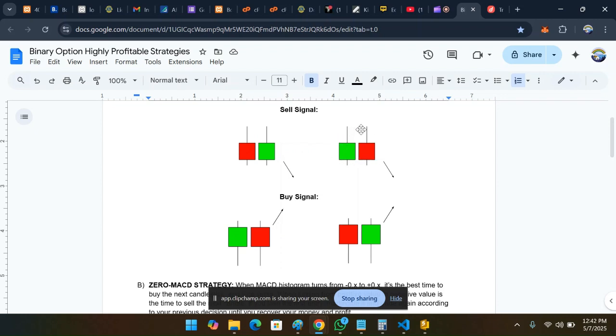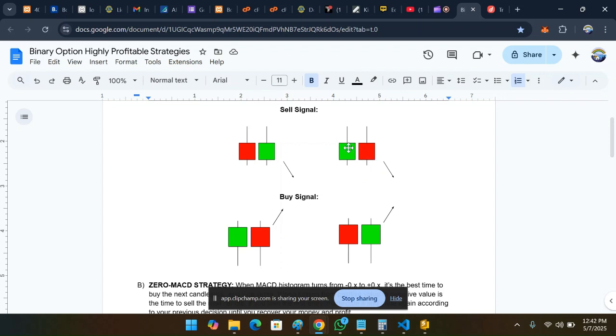This one is much better when the red candle is last. So the green candle forms, then the red candle forms. But if you look at the formation, you will see that the upper wick, which is very important, is longer than the lower wick. Both of them, their upper wicks are longer than the lower wicks.